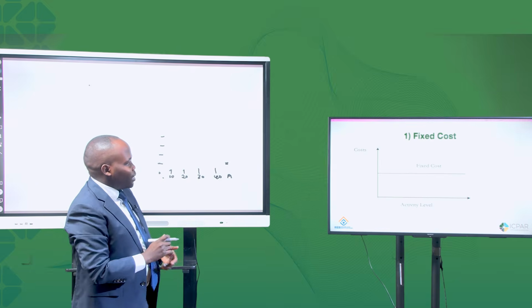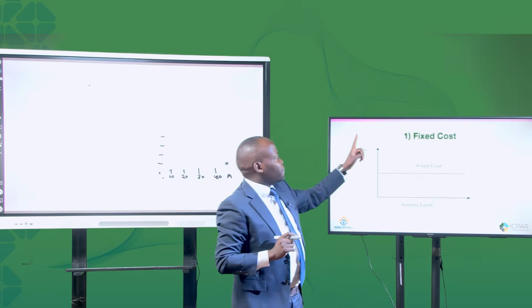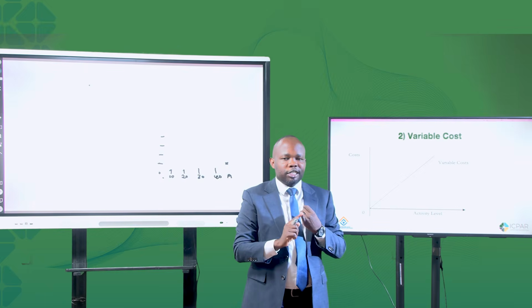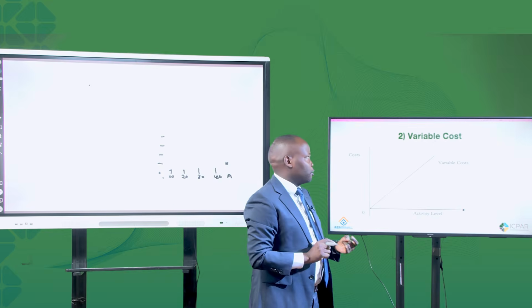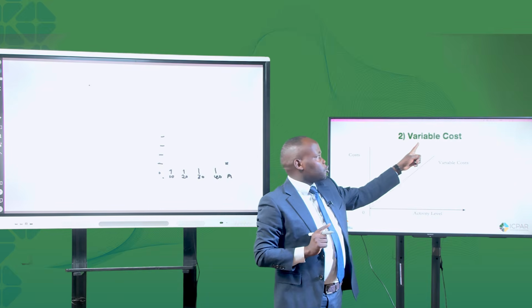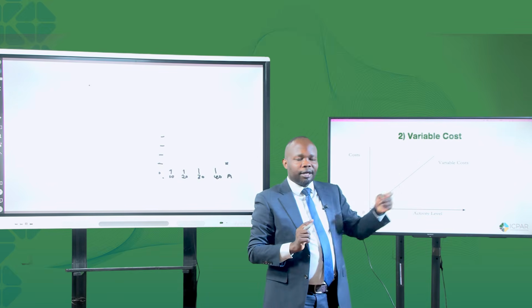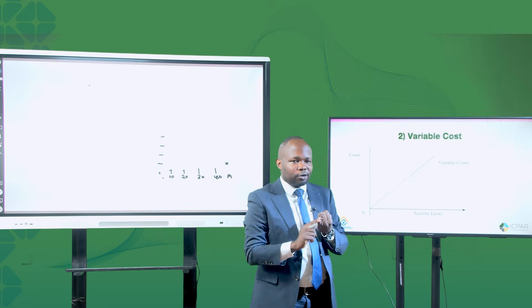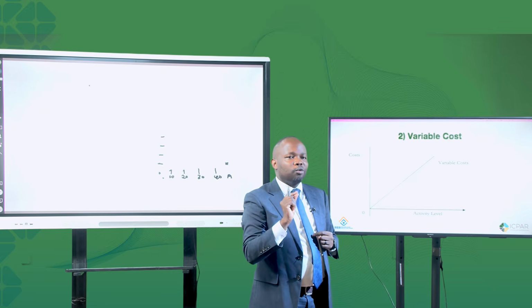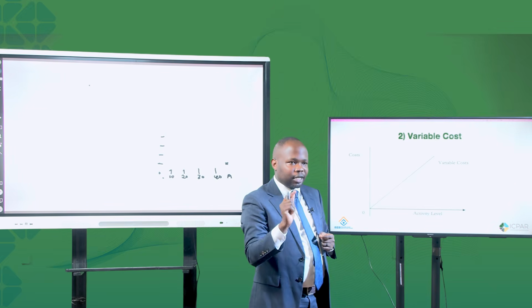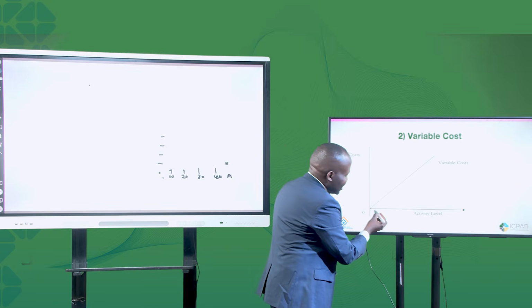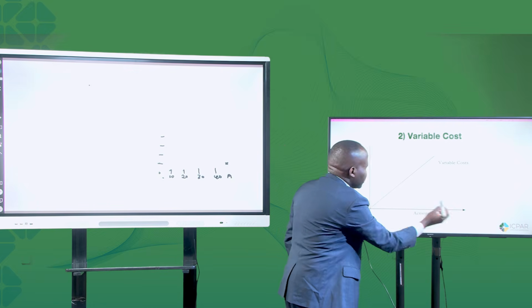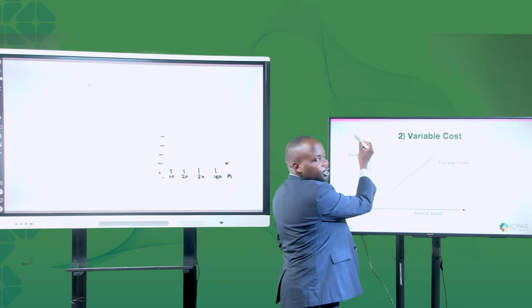Okay. Our next cost now, we have looked at fixed cost and we have concluded that fixed cost is constant throughout the activity level. Our second type of cost is called variable cost. In chapter 2, we defined variable cost as a cost that changes with a change in activity, which means as the activity level increases, the cost also goes up.